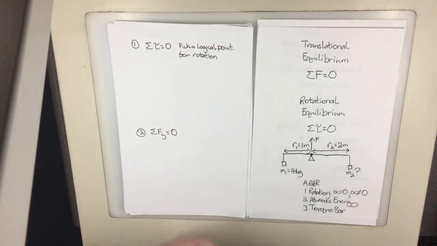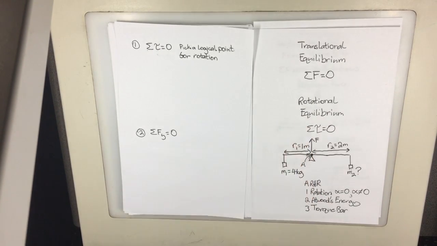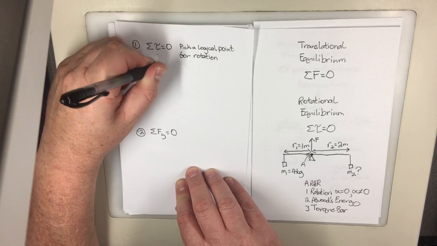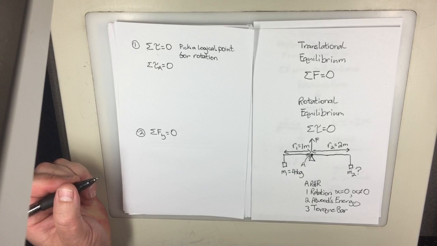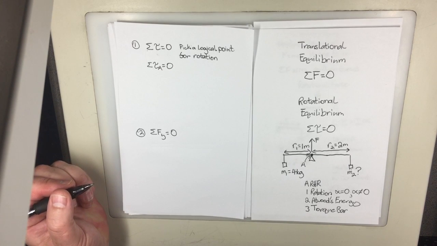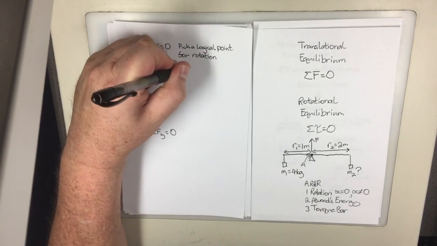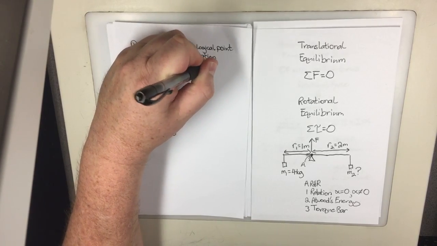And typically for a problem like this, you pick the fulcrum as the rotation point, and you call it A. So the sum of the torques about A is equal to 0. Well, what are the sum of the torques? The sum of the torques is the sum of the products of the radii with the forces. So R1 F1 and R2 F2.